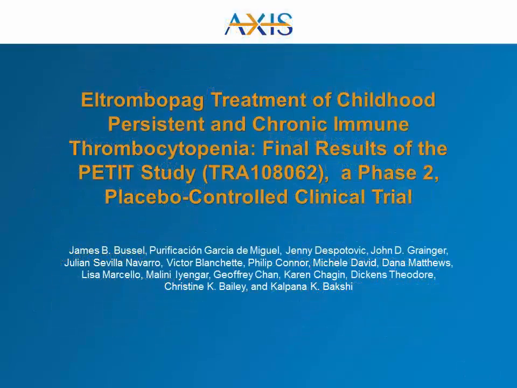There were 2 studies of the use of eltrombopag in children with persistent and chronic ITP, although between the 2 studies, over 90% of the patients had chronic ITP. The first was the PETIT study, which was the initial study, and that was published in July in Lancet Hematology.